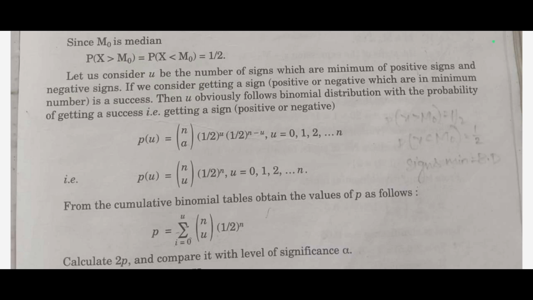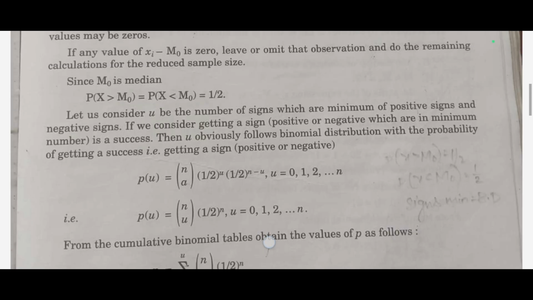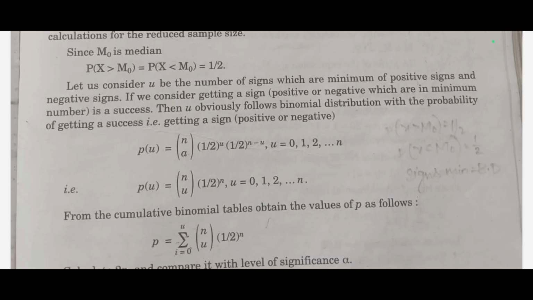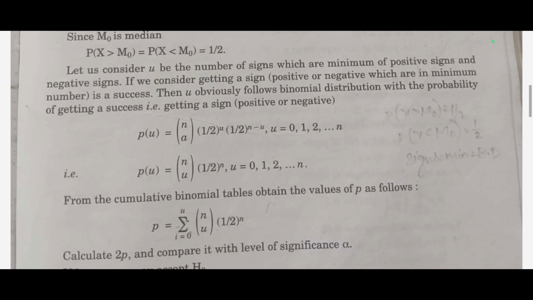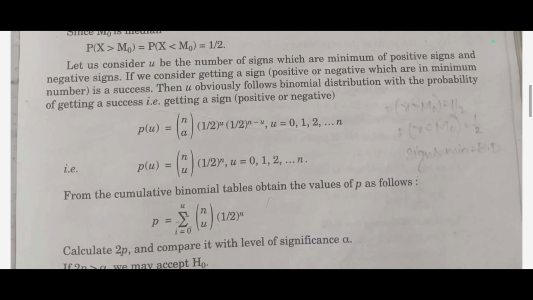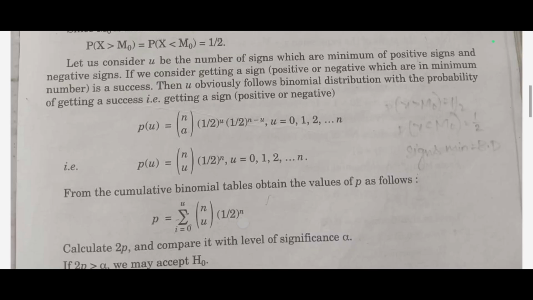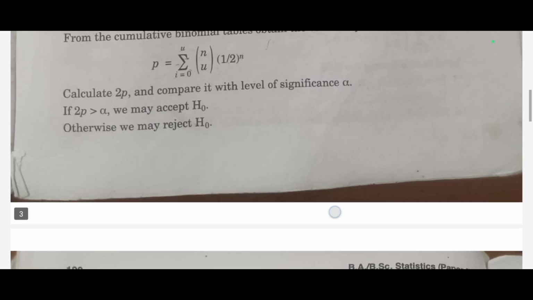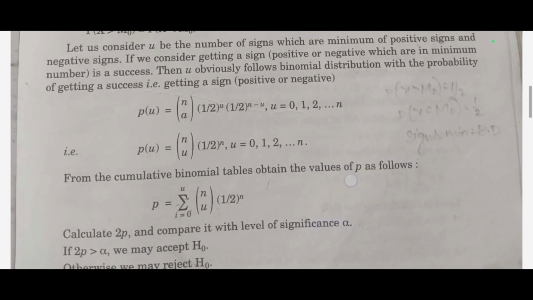So from that, we use the cumulative binomial tables. So what is U here? U is the minimum number of values of positive or negative signs.